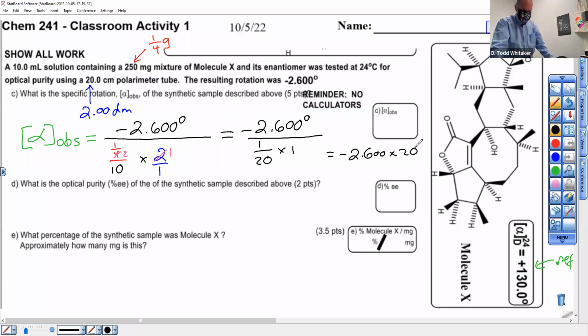Well, 2 times negative 2.6 is negative 5.2, and then 10 more, right? Times 10. 1/2 divided by 10. You're dividing 1/2 by 10, right? That's 1/20. And that's going to be, well, 2 times 2.6 is 5.2, so 20 is 52 in the negative direction.